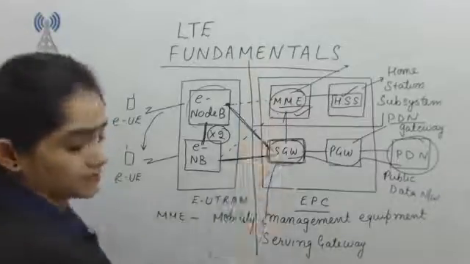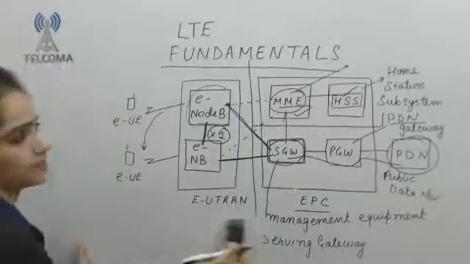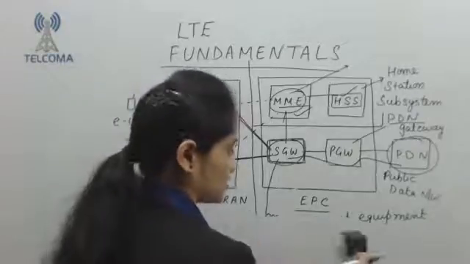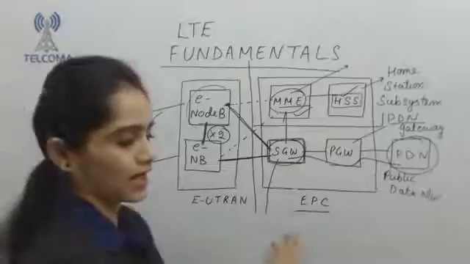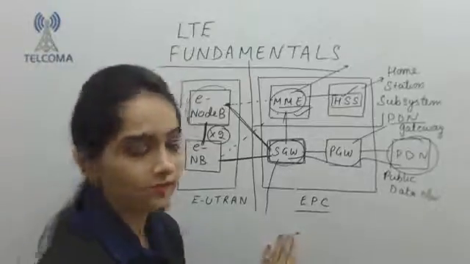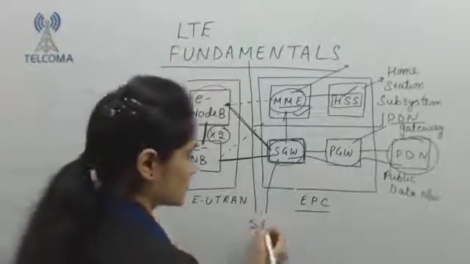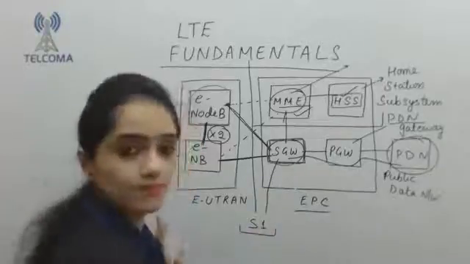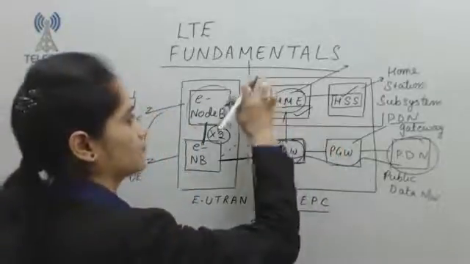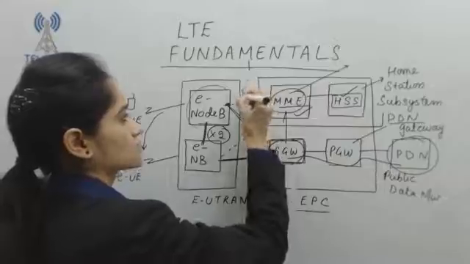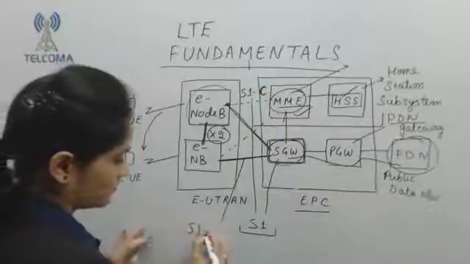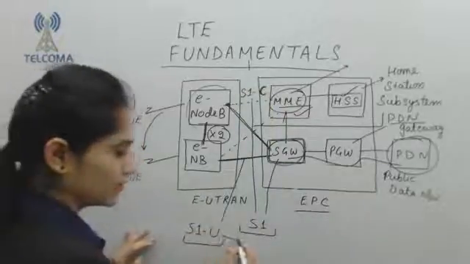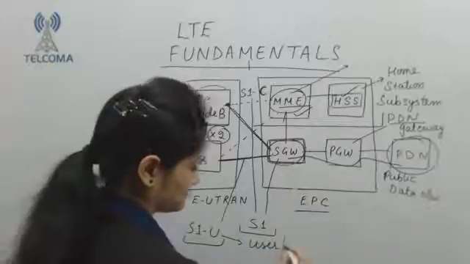Now, the interface between E-UTRAN and EPC, that means between my radio access network and my evolved packet core, is commonly known as the S1 interface. For signaling we have S1-C, where C is for control plane, and S1-U, where U is for user plane.